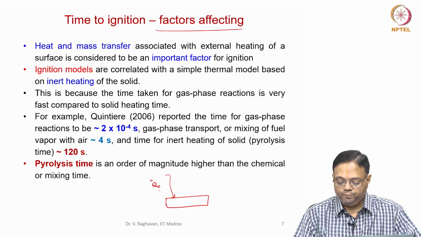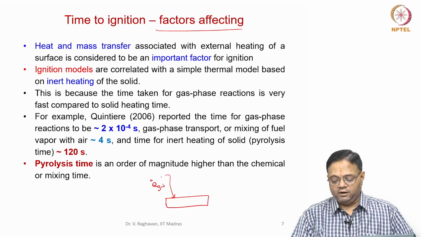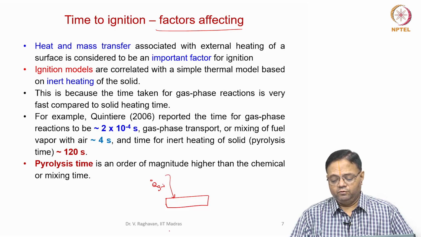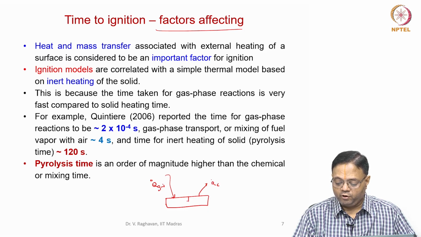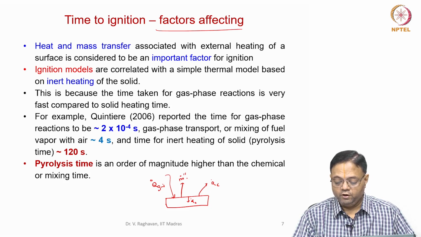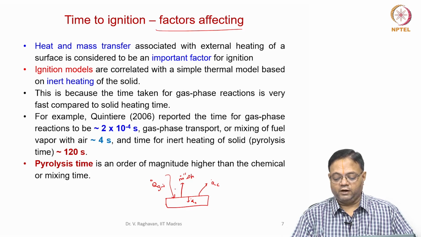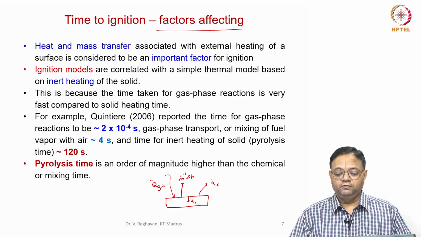This can be due to convection, radiation or conduction, etc. Correspondingly, there is a net heat coming in, and due to it some mass transfer occurs from the surface, a mass flux, which will have its own enthalpy. So, that will be the energy which is released out of the solid surface.